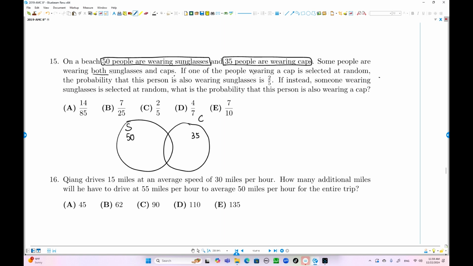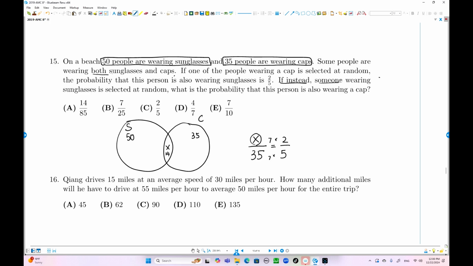So one of the people wearing a cap, out of this 35, is selected at random; that is conditional. The probability that this person is also wearing sunglasses is x out of 35, equal to 2 over 5. So x times 7 is 14. This number is 14.